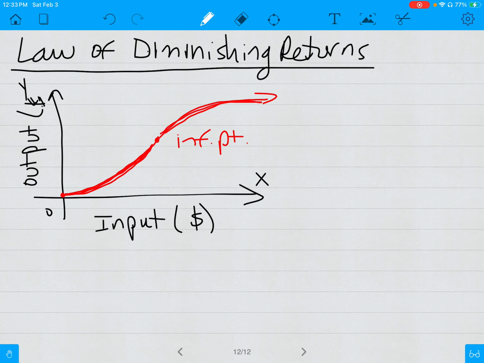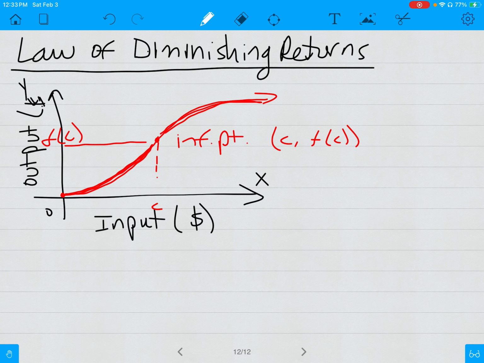So by definition, that is an inflection point. And let's call that point C, which means that the value on the y-axis would be f of C, and the coordinates of the inflection point are C and f of C.